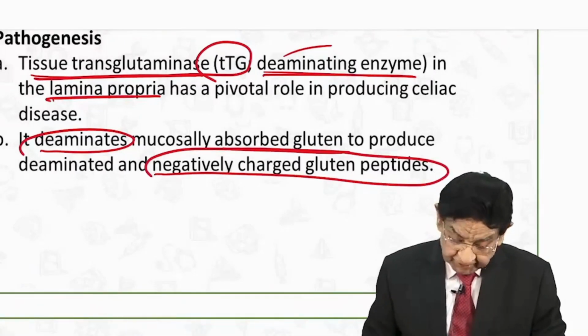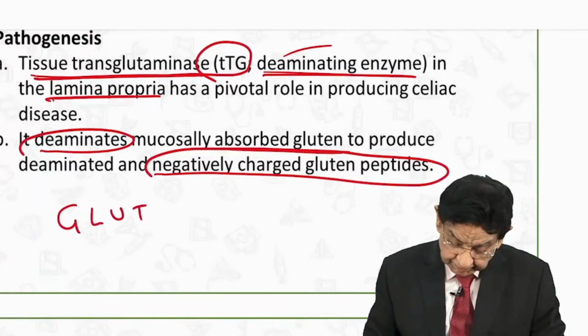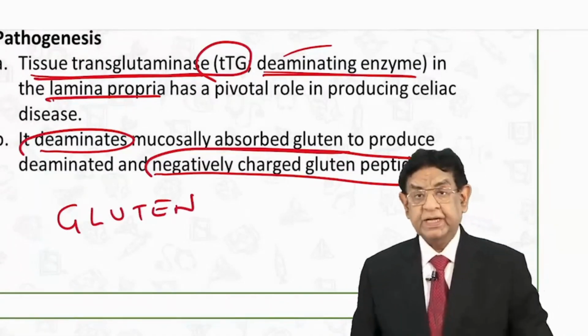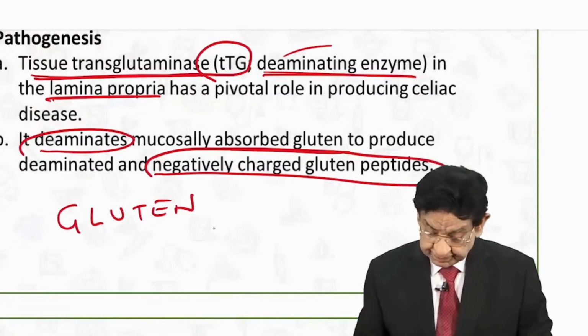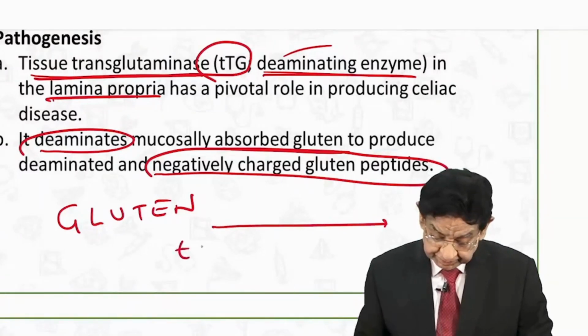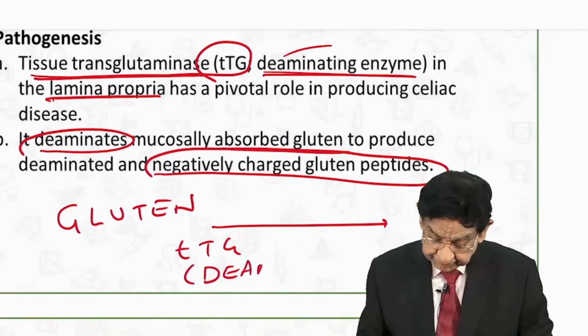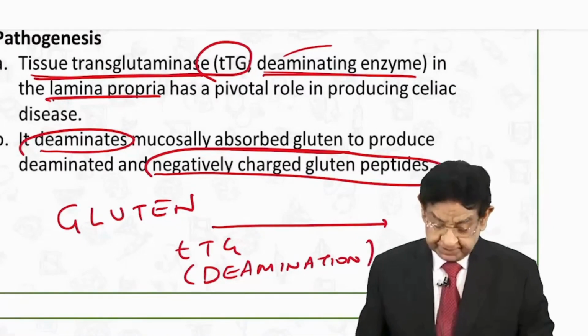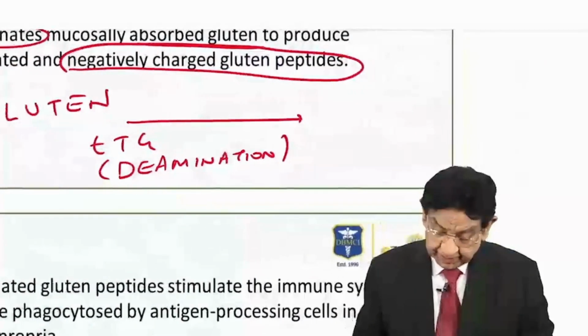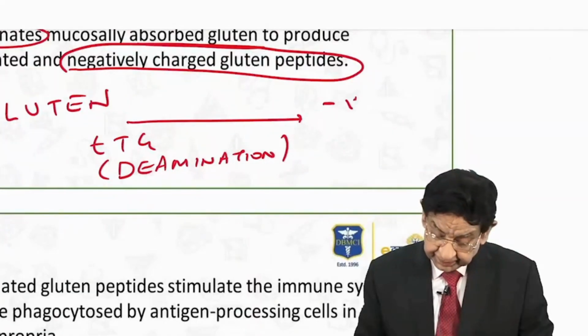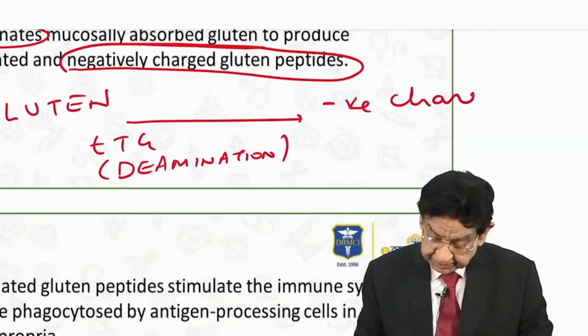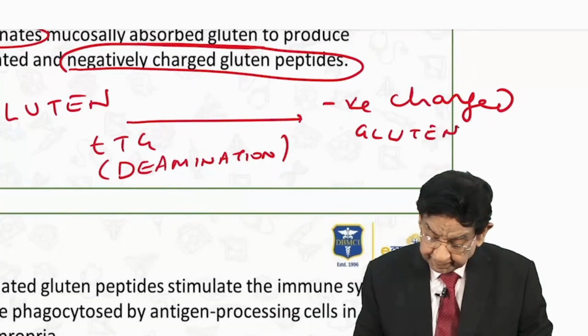Gluten absorbed in the small intestine, TTG, deamination, produces negatively charged gluten peptide.